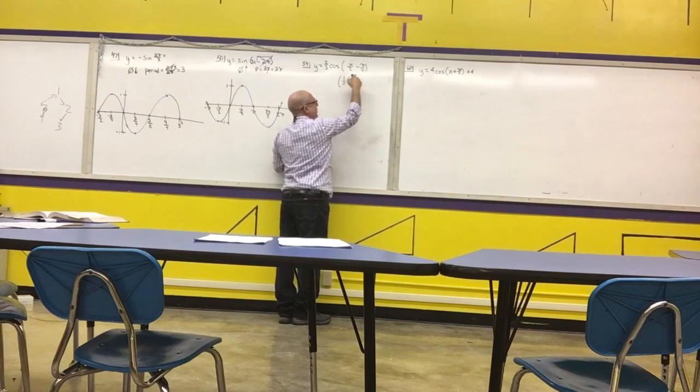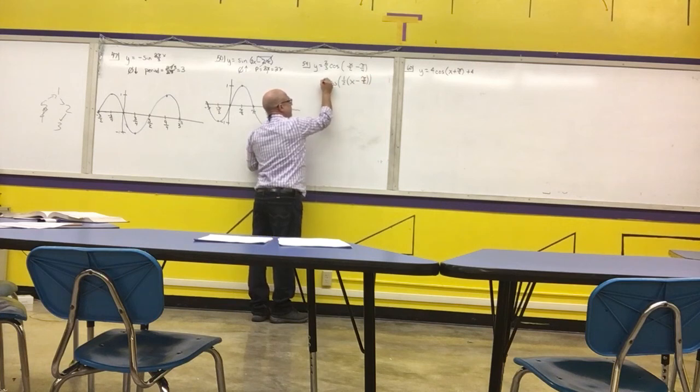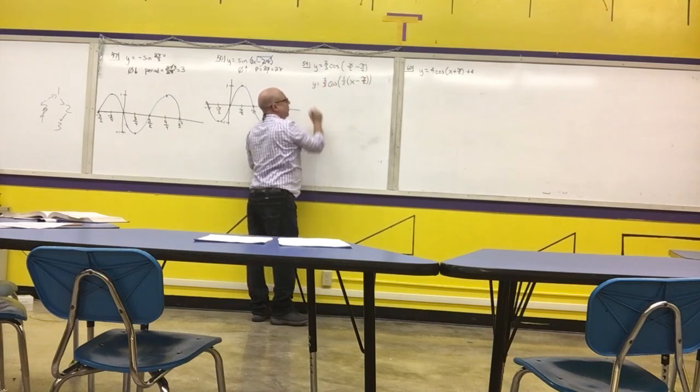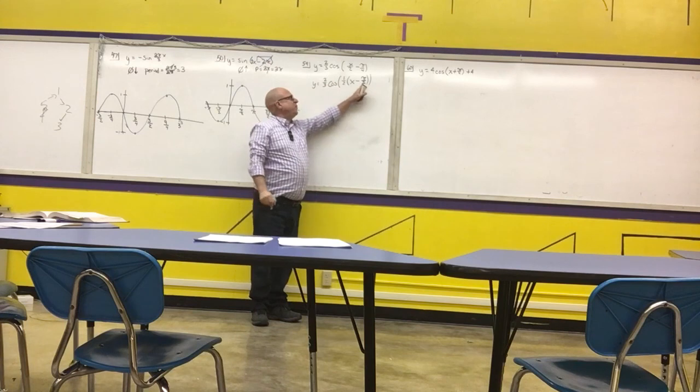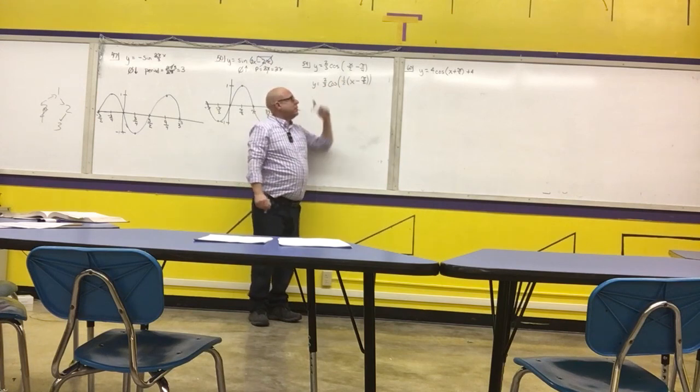Dividing by 1/2 is the same thing as multiplying by 2. 2 over 4 is 1/2, so this would become pi halves inside the parentheses. That is the toughest part of this whole problem, is factoring out the 1/2 that's in front of that x.